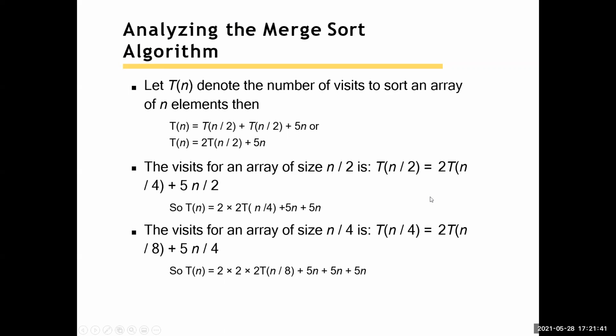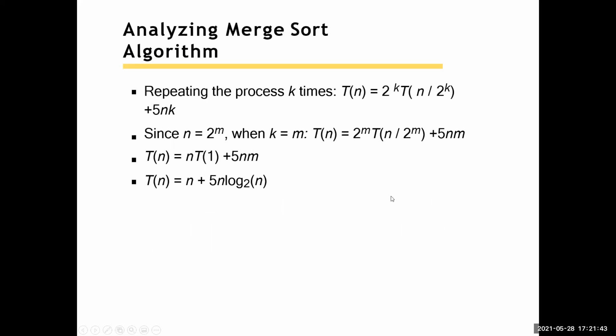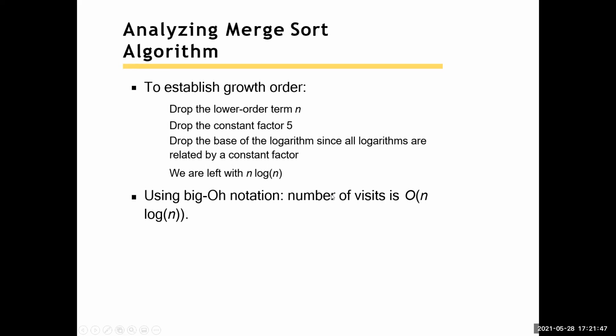I'm not worried about the calculation, but the bottom line is that at the end of this it's going to come to n log n. So the big O notation for this would be n log n.